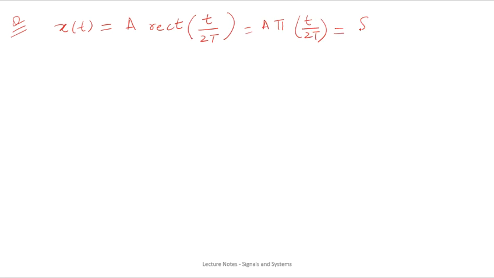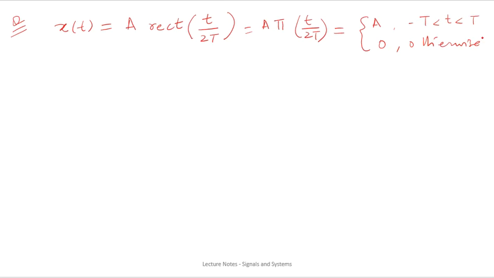The question is: find the convolution of a rectangle signal x(t). x(t) is given as A rect(t by 2T), and it can also be represented as a gate signal, from minus T to T and 0 otherwise.